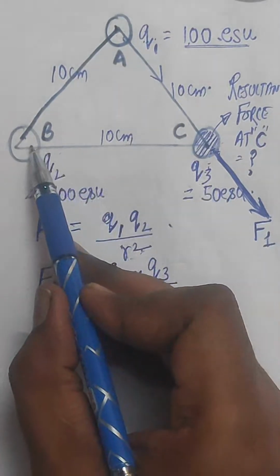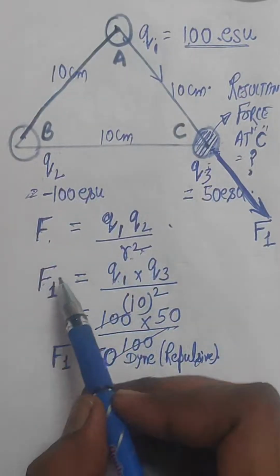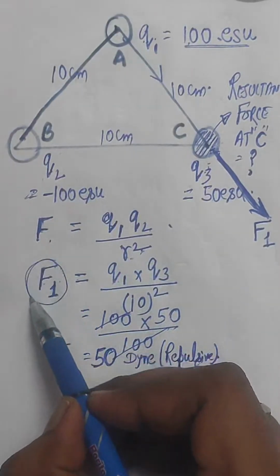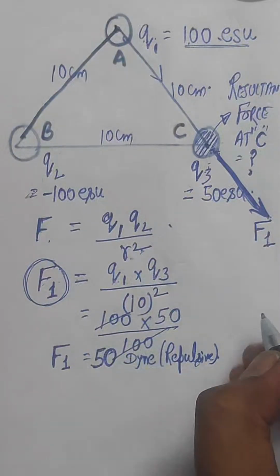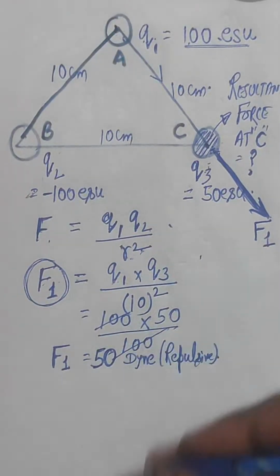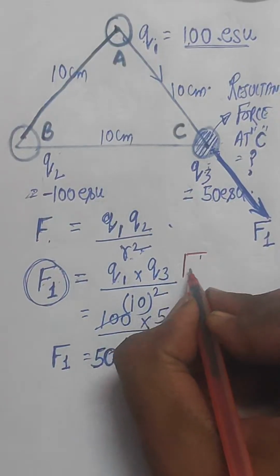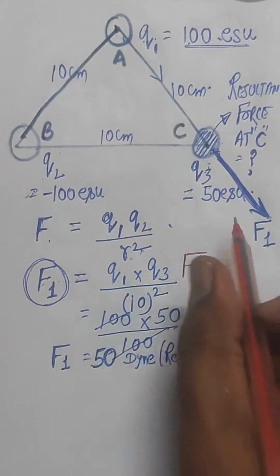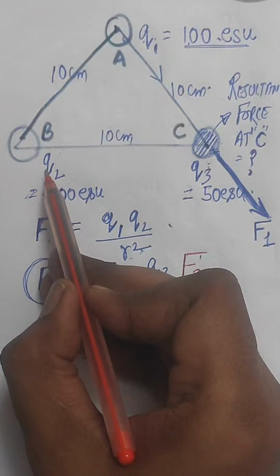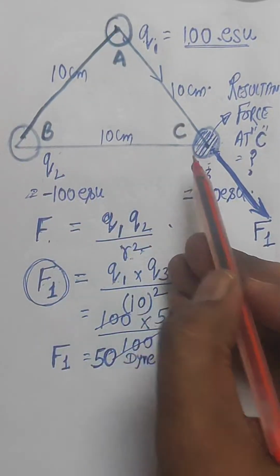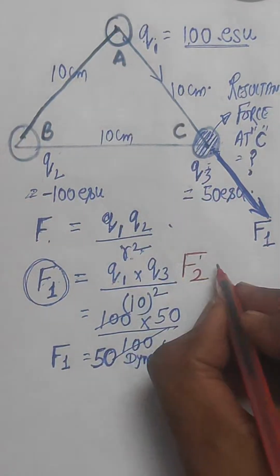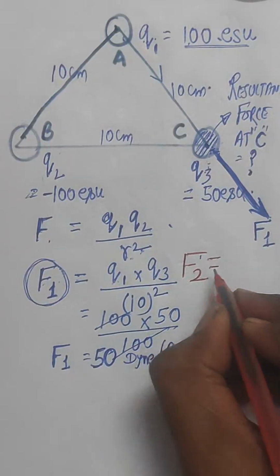Similarly, F2 is a force, as we have calculated F1 here. F2 will be the force which is exerted by Q2 and acting on Q3. What is the value of F2?